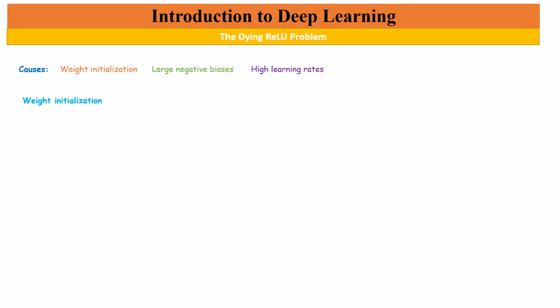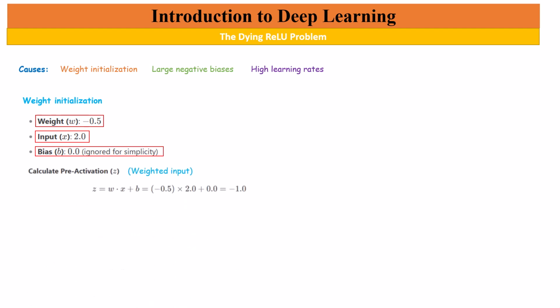Here, we describe a simple example of the Dying ReLU problem caused by improper weight initialization, specifically using a negative weight. In this case, the weight W equals -0.5, the input X equals 2, and the bias is ignored for simplicity. The pre-activation value Z, which is also called weighted input, is calculated using this equation. It outputs -1.